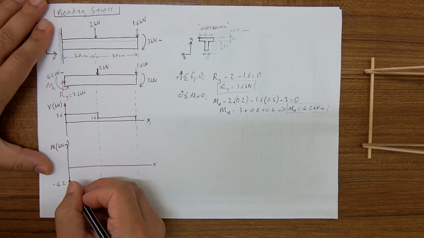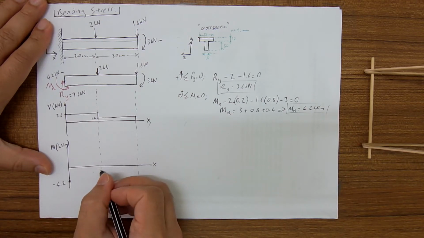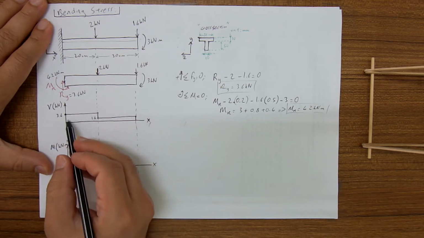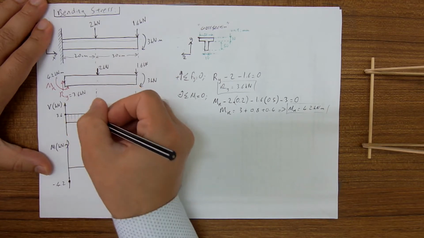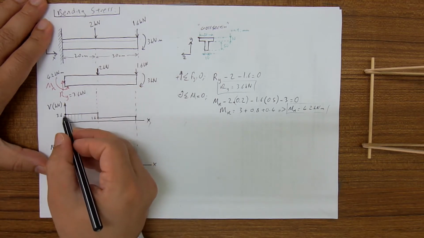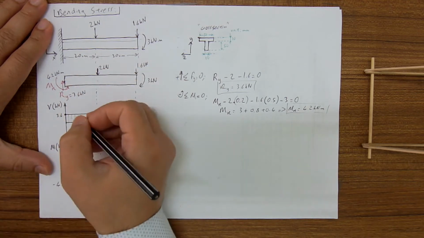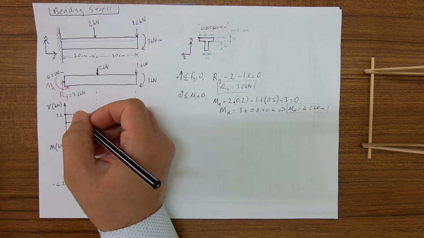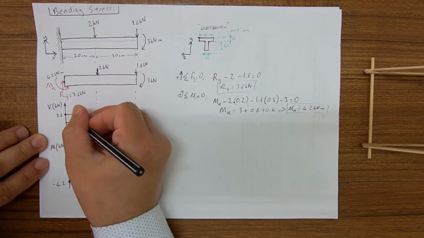From the first discontinuity to the second discontinuity, how will I go? I look at the shear diagram and I see that 3.6 times 0.2 meters, what does it make? 3.6 times 0.2, 0.72 kilonewton meter.